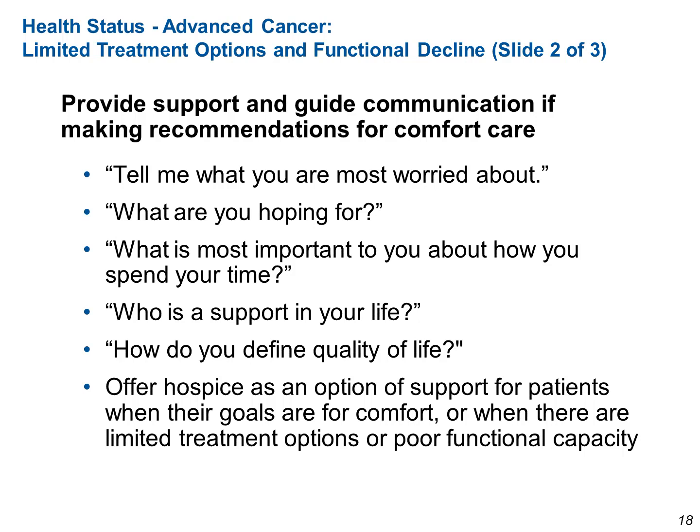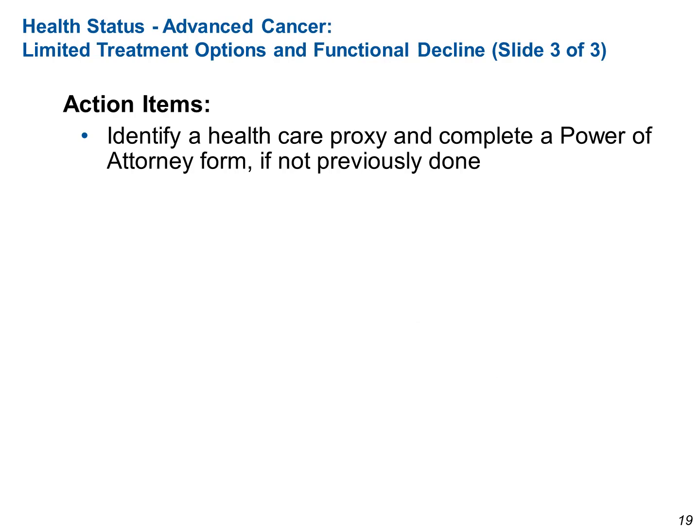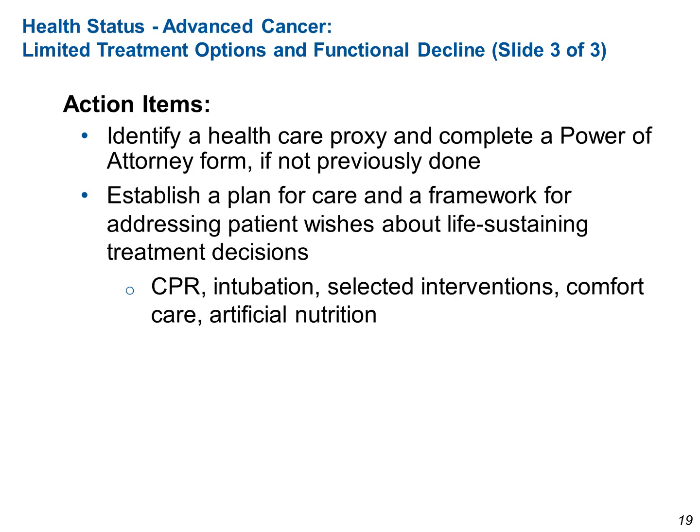Offer hospice as an option of support for patients when their goals are for comfort or when they have limited treatment options or poor functional capacity. Action items again: identify healthcare proxy, complete a power of attorney if not previously done, and establish a plan of care and a framework at this point for addressing patient wishes about life-sustaining treatment decisions.